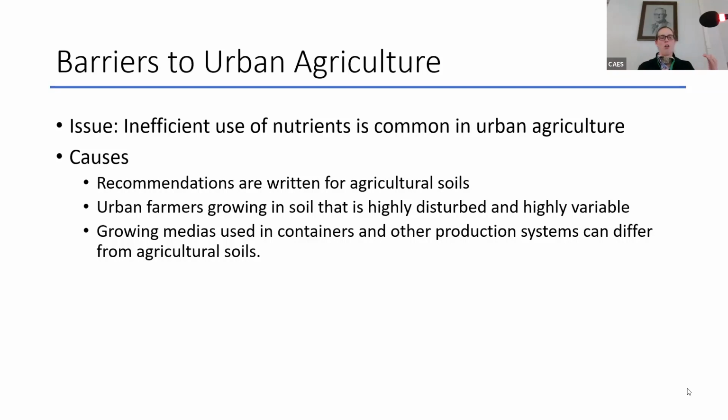And in container production, those containers are going to be more susceptible to freezing in the wintertime and heating and drying out than an in-ground production model would be. So irrigation management is going to have to be much more closely watched, potentially.